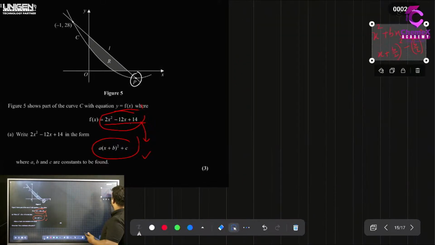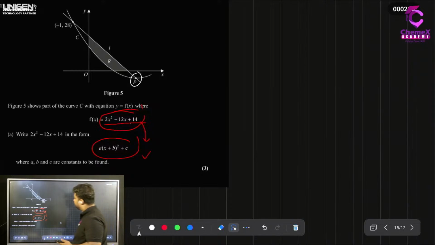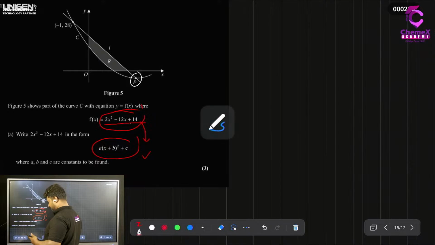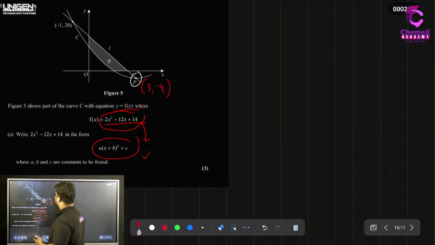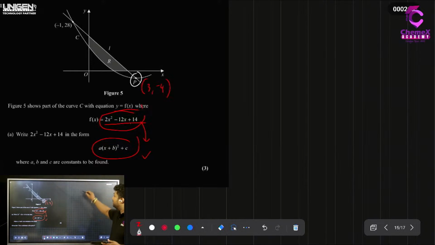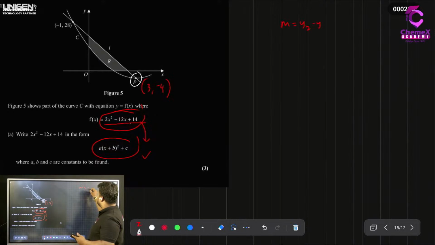You already know the P coordinate, which is 3, minus 4. Finding the L equation is quite easy. First find m. What is m? y2 minus y1 over x2 minus x1. So y2 minus y1: minus 4 minus 28, divided by 3 minus minus 1.